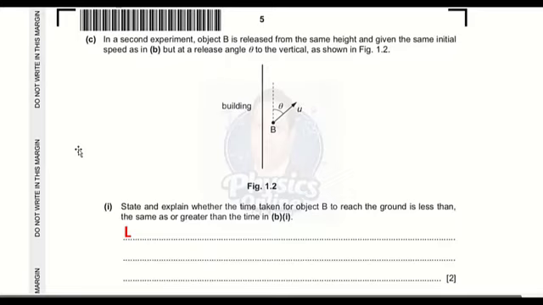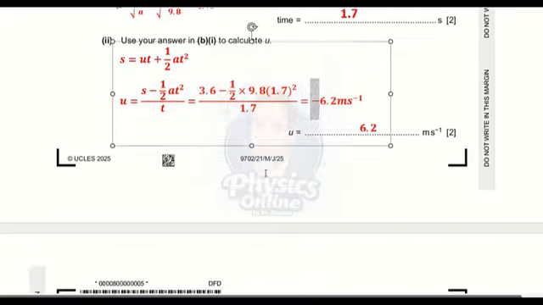In a second experiment, object B is released from the same height and gives the same initial speed as in A, but at release angle theta to the vertical, as shown in figure 1.2. State and explain whether the time taken for object B to reach the ground is less, the same, or greater than the time in B1. We need to see if it is the same time or less time than we calculated, 1.7.